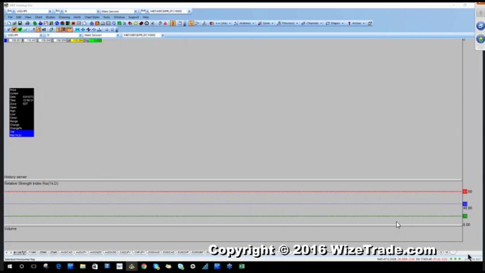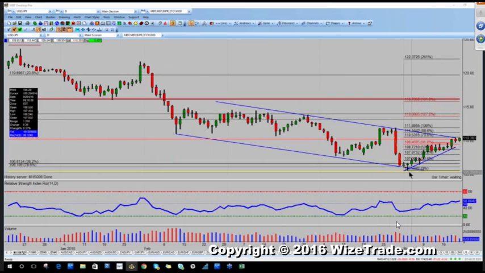I'm going to start looking for reasons to buy, or places to buy the dollar yen. The most interesting thing about the dollar yen is even when the stock market has been under pressure, the dollar yen has been moving higher.